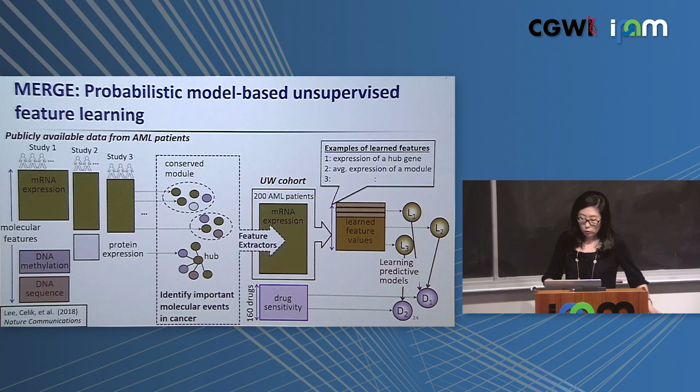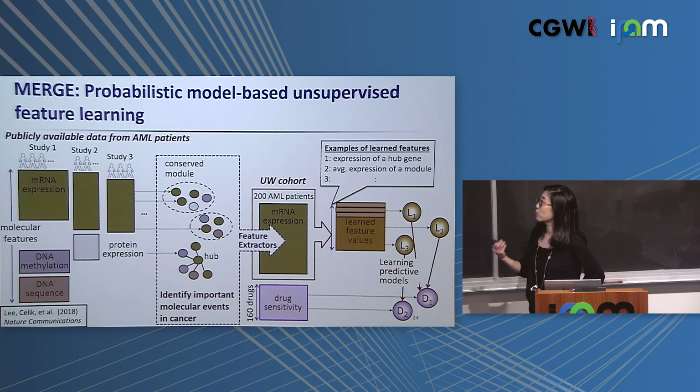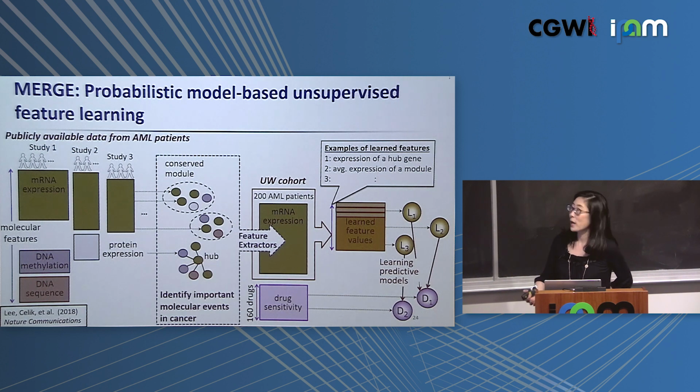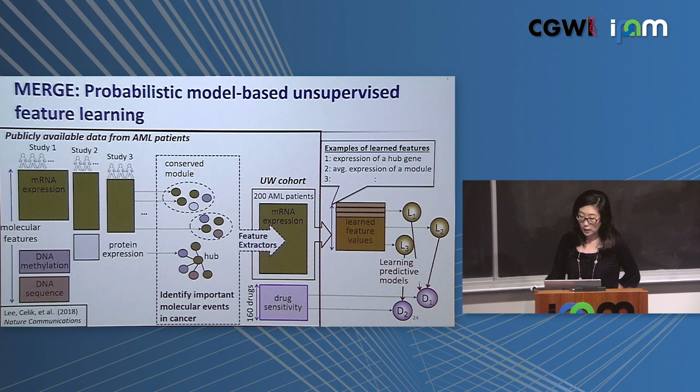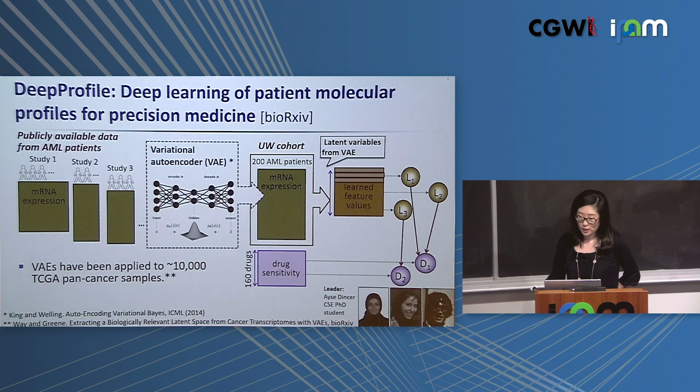So this MERGE, we characterize it as a probabilistic model-based unsupervised learning approach, and we are trying a slightly different version of the unsupervised feature learning approach, which is changing this part into some kind of deep learning approach.